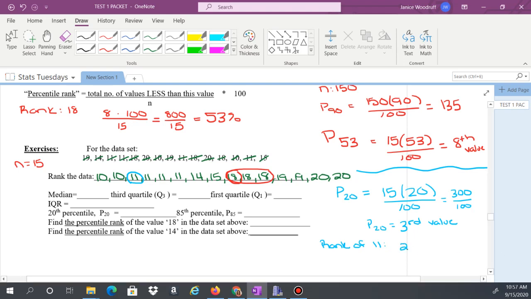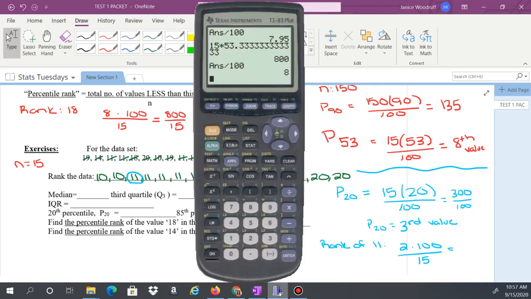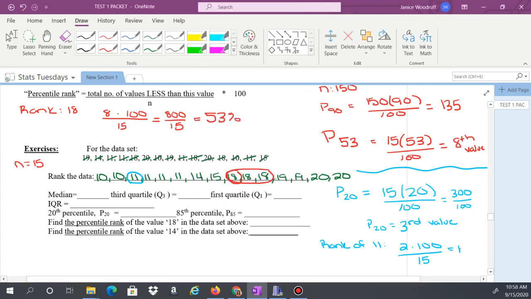So we would do 2 times 100, which would be 200, divided by 15. And that would be the 13th, so it is not going to work backwards. Okay, so they're not exact backwards equations of each other. But that is the 13th percentile.